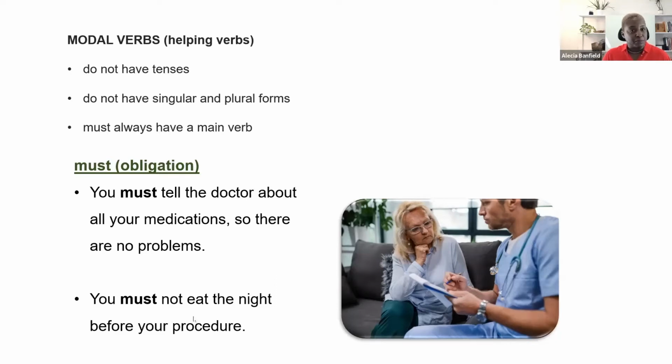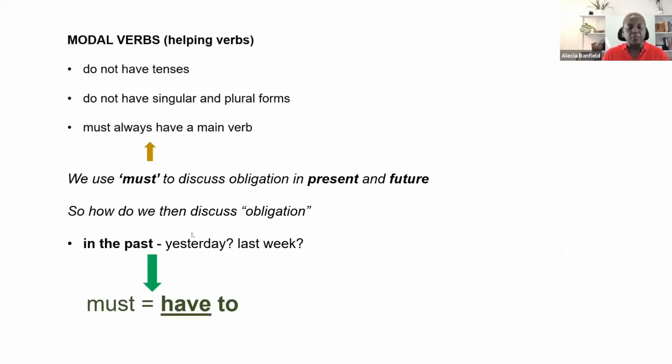Maybe she has to be put to sleep, and as you know, her stomach needs to be empty. So if she eats before her procedure, what do they do? They cancel the procedure. Must is used to talk about that obligation then in the present and the future.